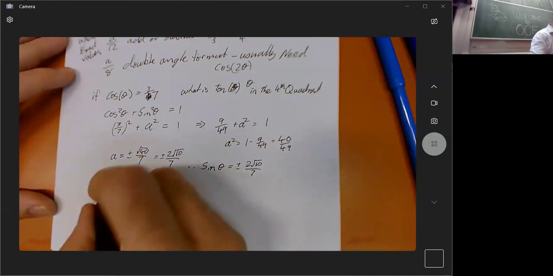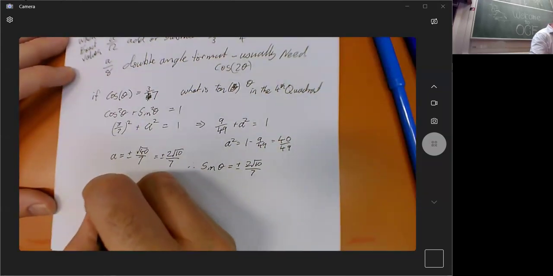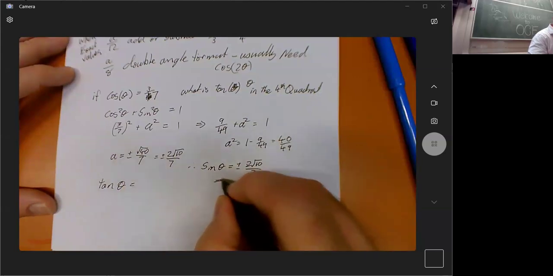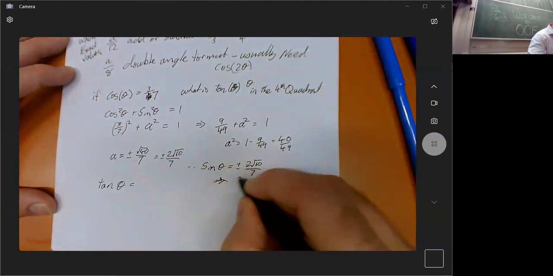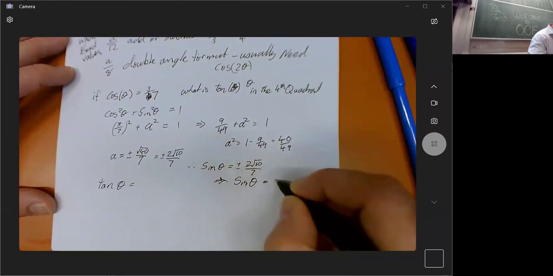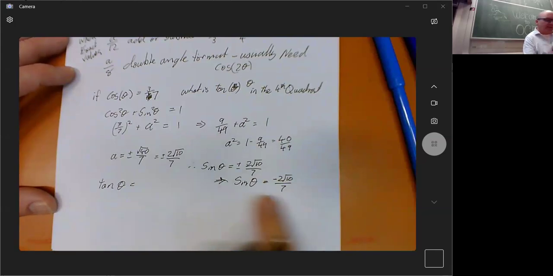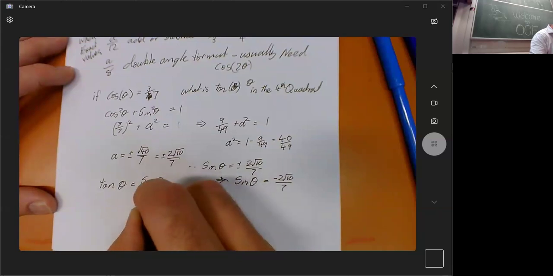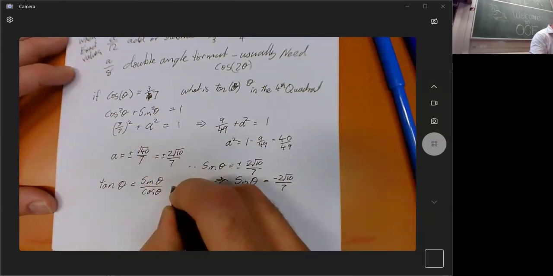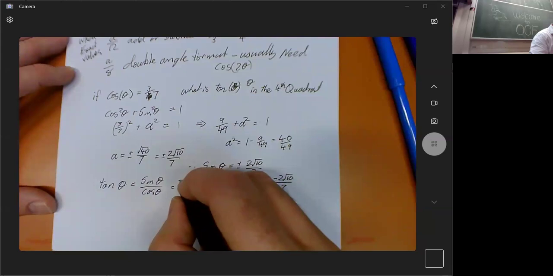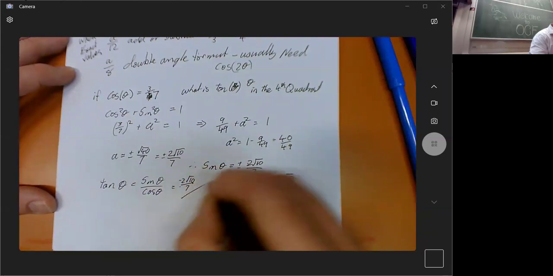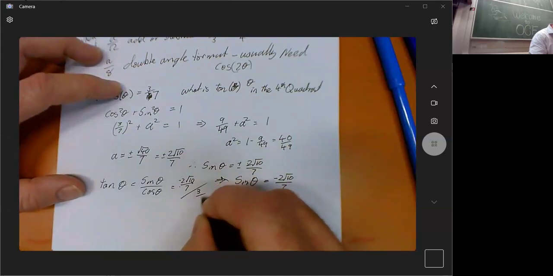And then tan of theta, just to finish it off, is equal to... this bit here tells me that sine of theta is equal to minus 2 root 10 on 7. That's what tells me that. Since this is sine of theta on cosine of theta, this is going to be minus 2 root 10 on 7 divided by 3 on 7.